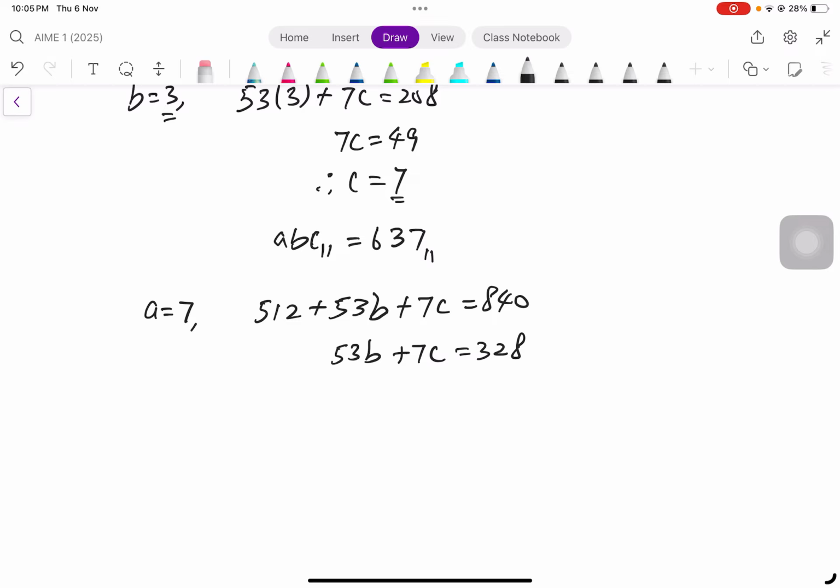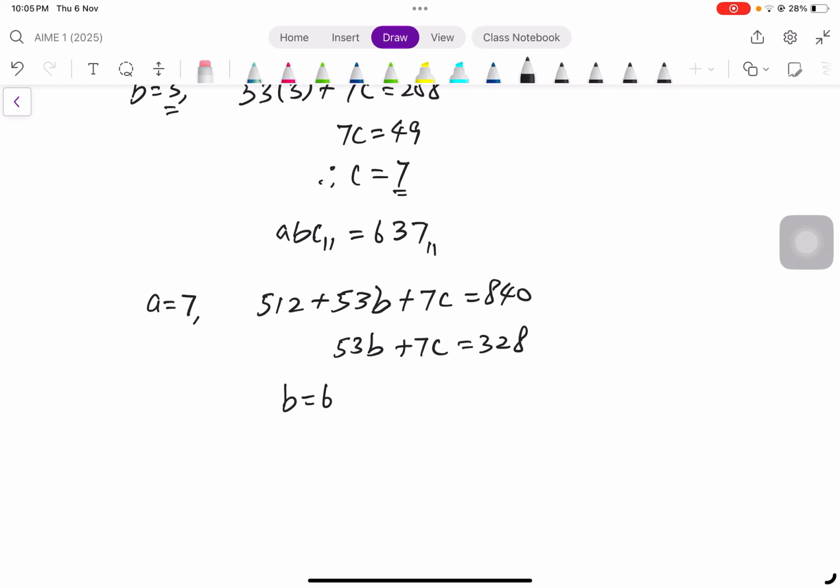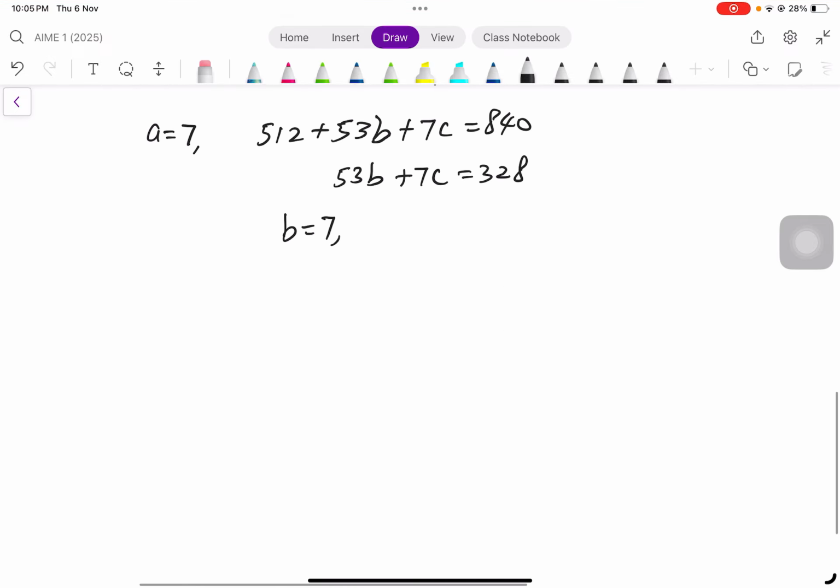You can check for yourself: if b is 7, then 53 multiplied by 7 plus 7c equals 328, and c is not an integer. That means you get no solution.